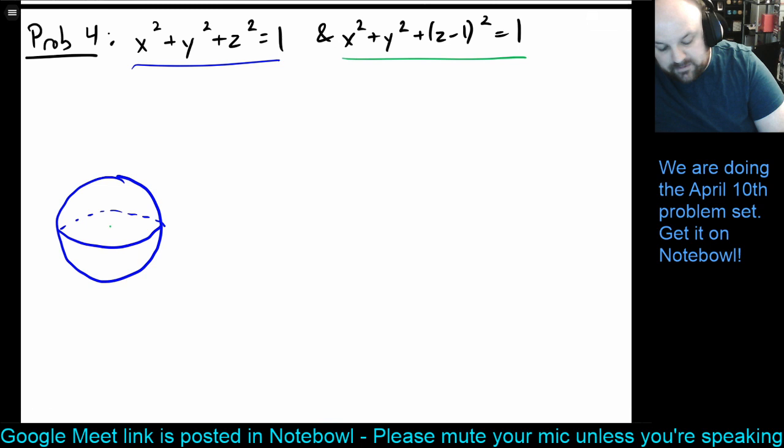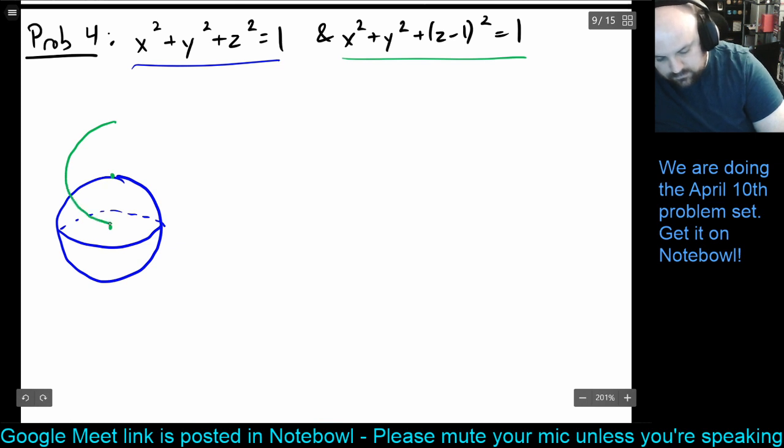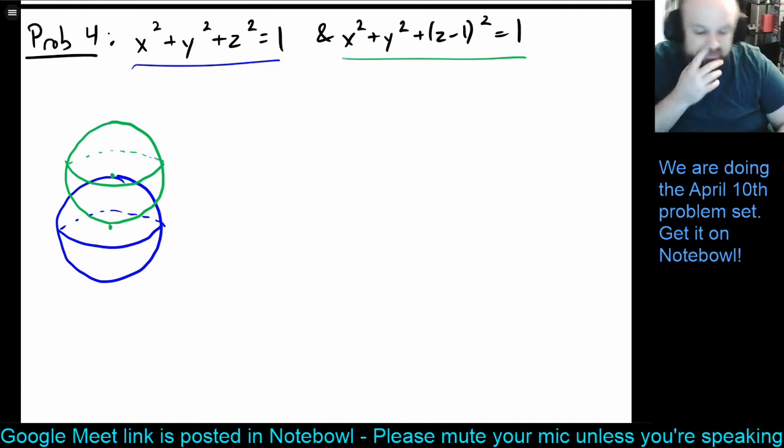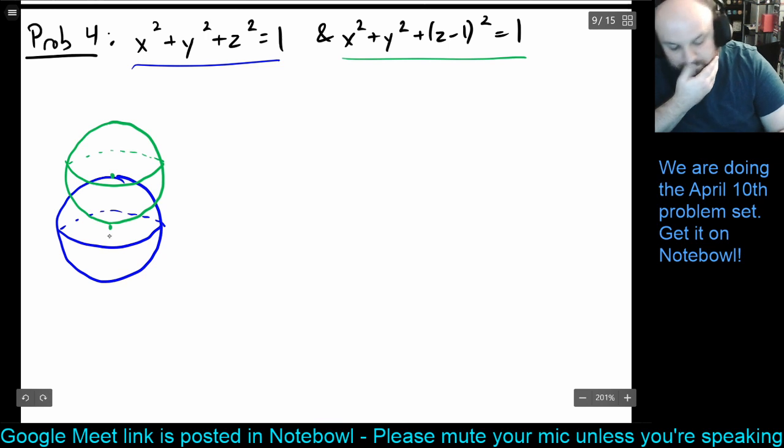So the bottom of this sphere is going to be at the center of the blue one. The center of the green sphere is going to be at the top of the blue one. So these spheres are supposed to be the exact same size, but I'm bad at drawing.